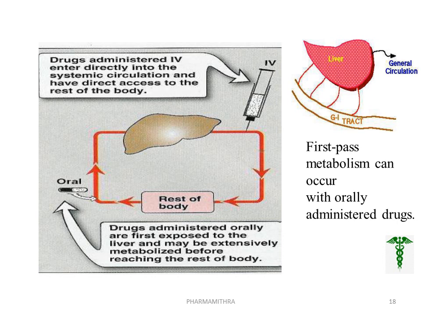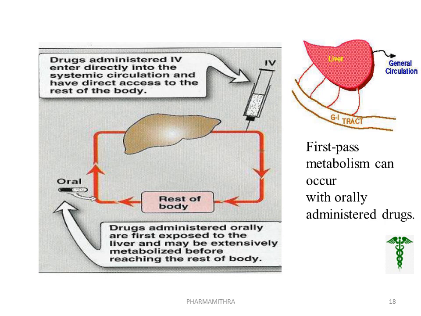This is a schematic representation of the first pass metabolism. That is, if the drug is given orally, it is first exposed to the liver and may be extensively metabolized before reaching the remaining parts of the body, and produces a less effect or shorter duration of action.